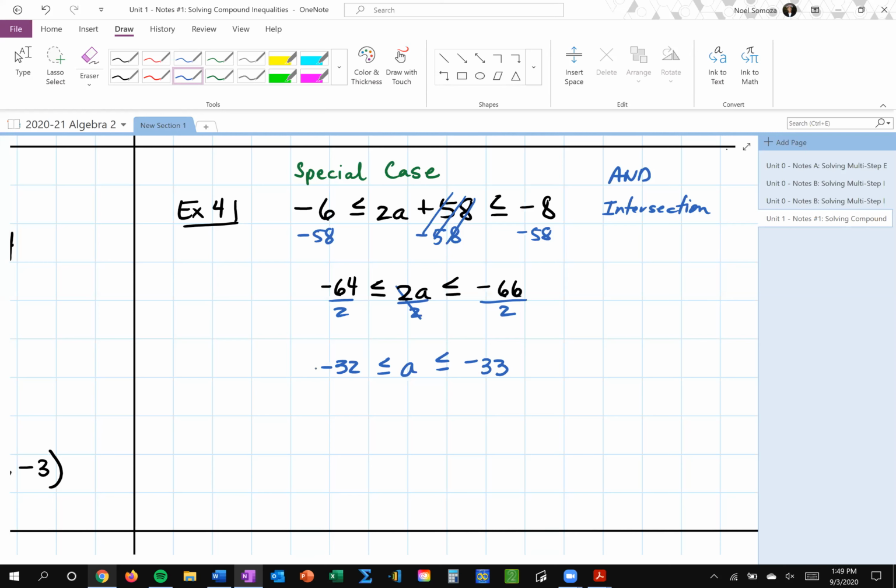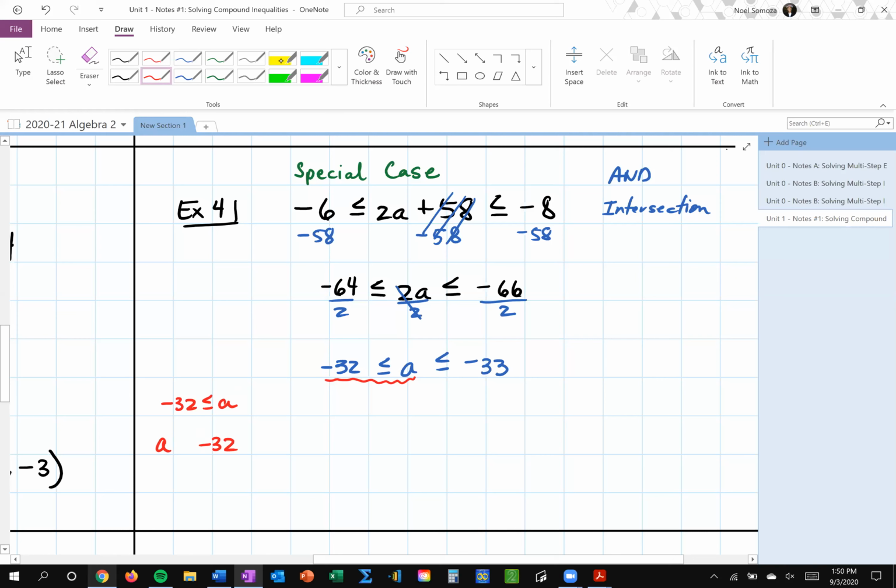Just like we learned last time, just because you have an inequality doesn't mean that the shaded section always happens in the middle. So we need to be careful about how we graph this. Take it step by step. Let's look at this first one. That first inequality is basically saying we have negative 32 is less than or equal to a. We want a on the left side so that we can always start by reading the variable first. So a is actually on the left, negative 32 on the right side.